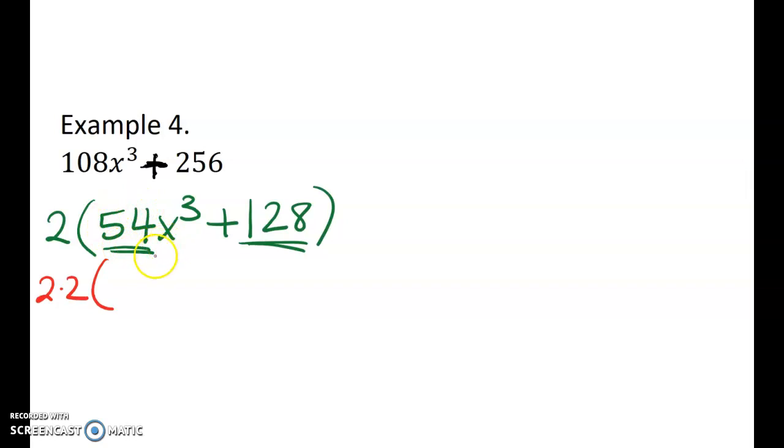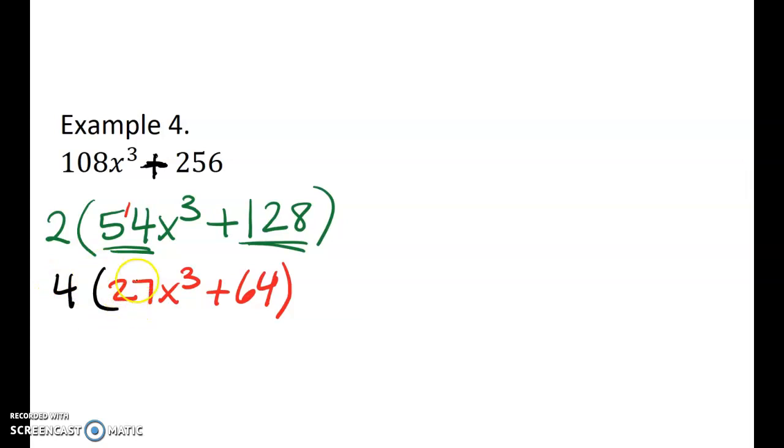So 2 divided by 54 is 2 goes into 5 4 times, remainder of 1, so 27x cubed. 2 goes into 12 6 times, and 2 goes into 8 4 times. So now if I'm looking at this, my common factor here is 2 times 2, so I'm going to just write that as a 4. Okay, now I'm looking at 27x cubed and 64.